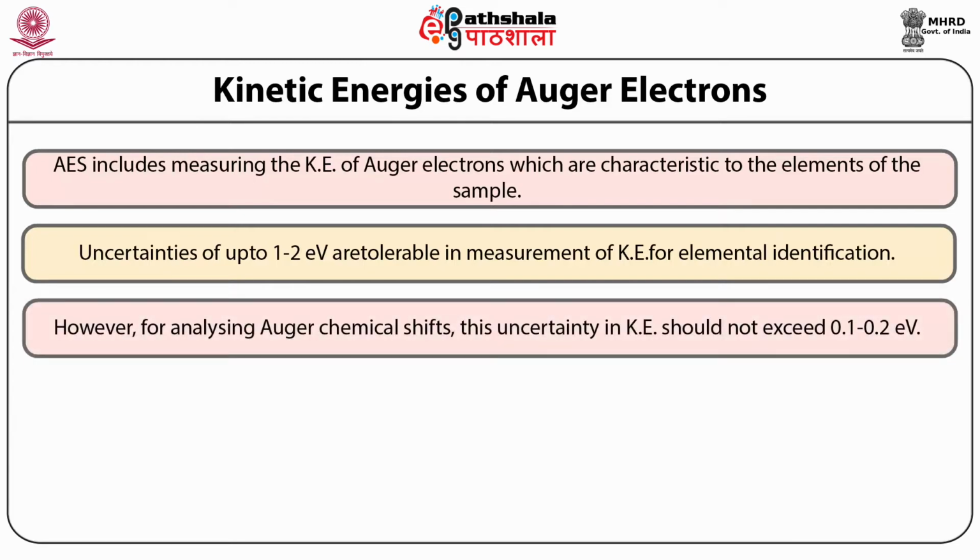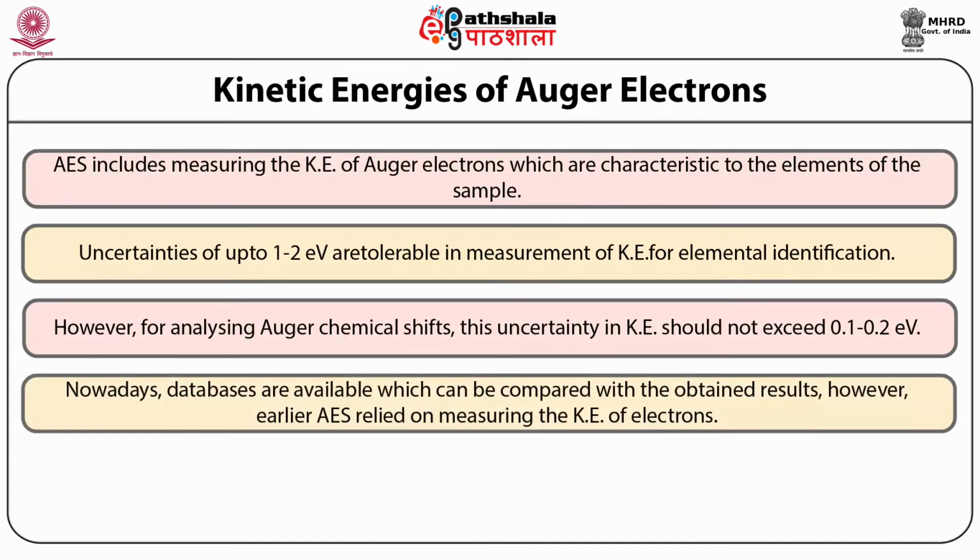However, for analyzing the Auger chemical shift, this uncertainty in kinetic energy should not exceed 0.1 to 0.2 electron volts. Nowadays, databases are available which can be compared with the obtained results. However, earlier AES relied on the measuring of the kinetic energy of electrons. The steps involved can be summarized as follows.